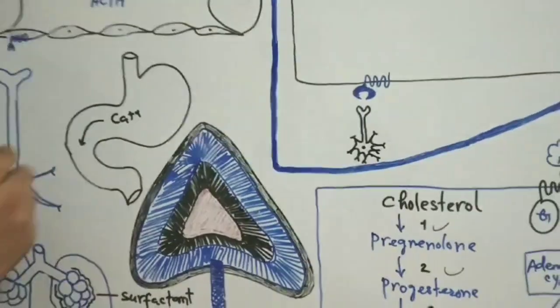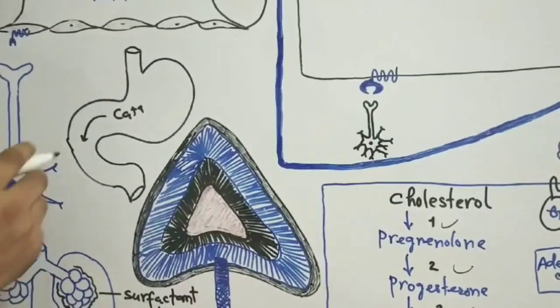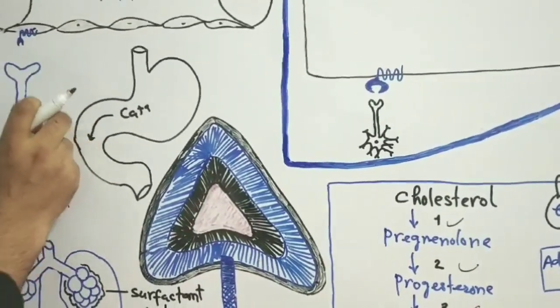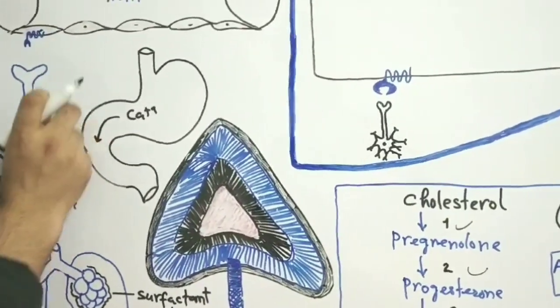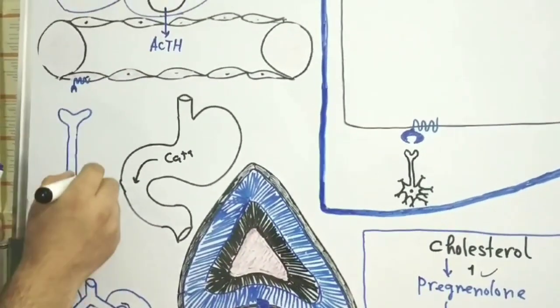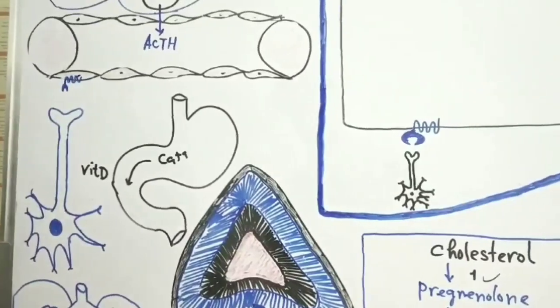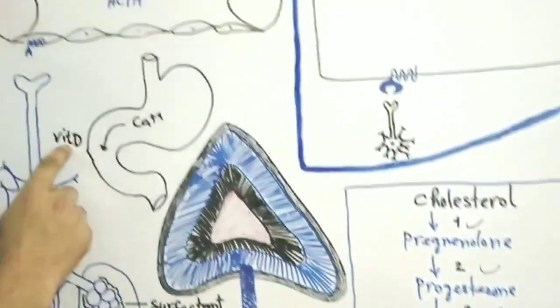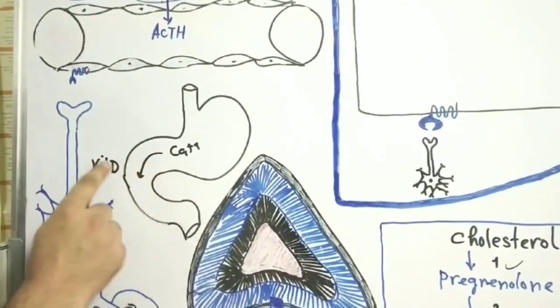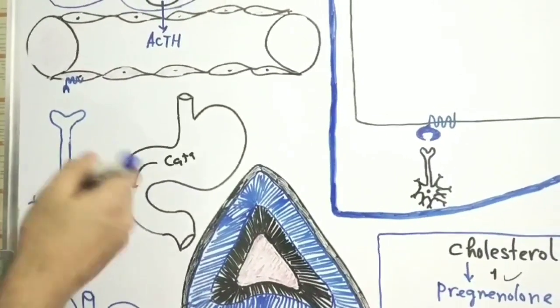It comes here to the duodenum and jejunum. Vitamin D is responsible to take the calcium into the bloodstream. Suppose here is your vitamin D. But it is the cortisol which helps vitamin D to take the calcium into the bloodstream.